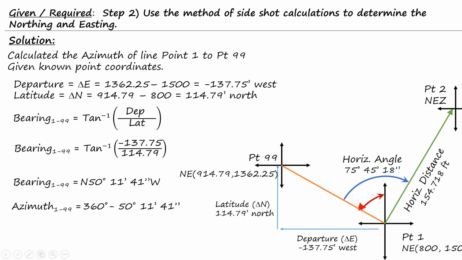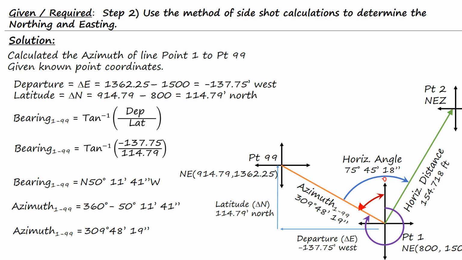So when we solve for the angle of the azimuth, we're going from a 0 degree line, the purple rotation, all the way around. So when I take 360 degrees minus 50 degrees, 11 minutes, and 41 seconds, that azimuth angle is actually 309 degrees, 48 minutes, and 19 seconds.